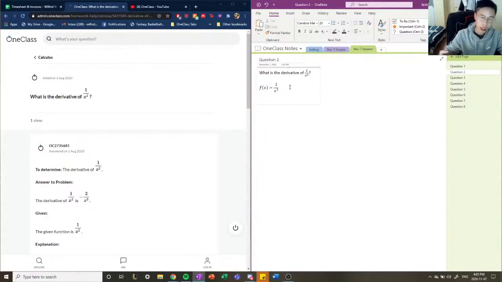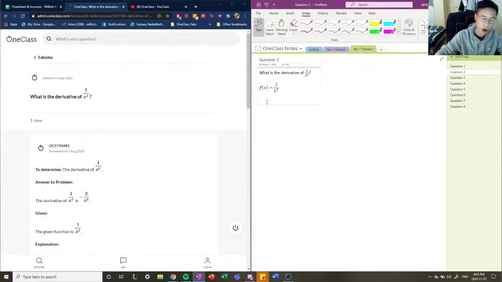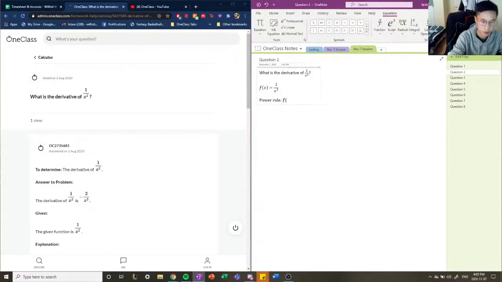Okay. So the power rule suggests to us that the derivative of any variable with a power on it can be described as such. So let's say that f of x equals x to the power of n. Okay.